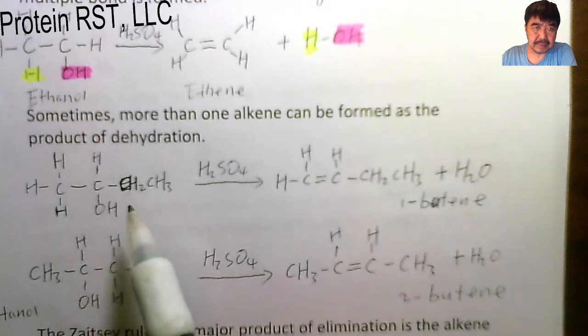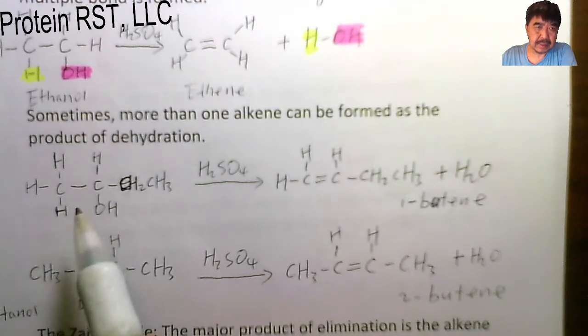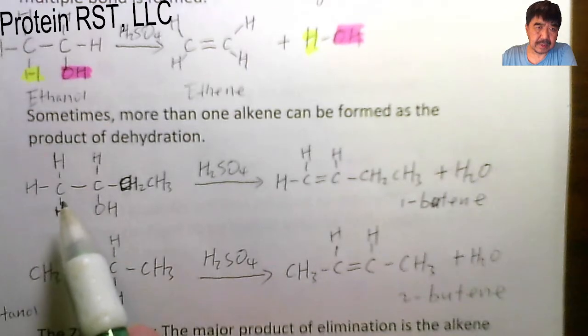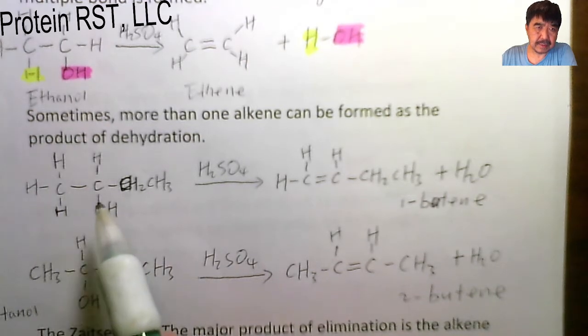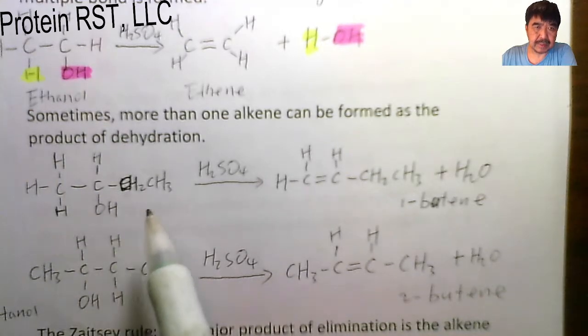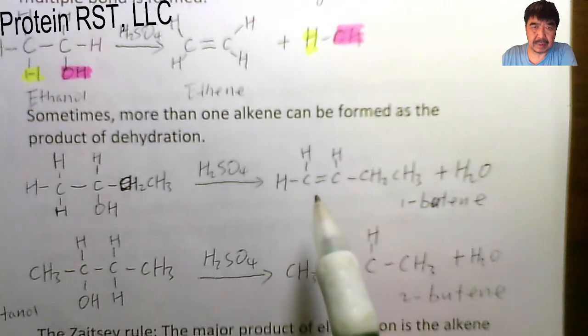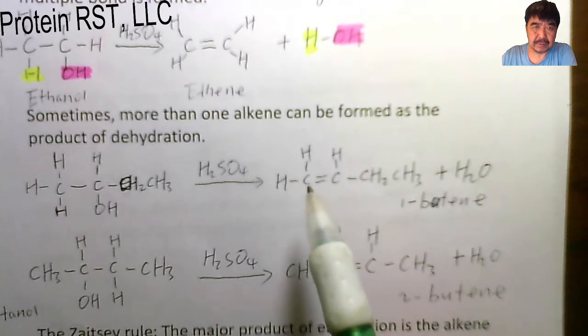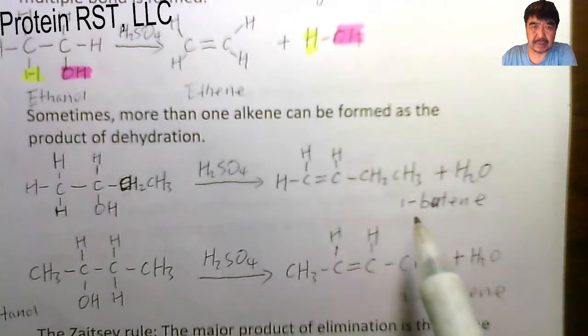In this case, this hydrogen at C1 and this hydroxyl group at C2 are eliminated. They form a butene. This double bond is between C1 and C2, so this molecule is called 1-butene.